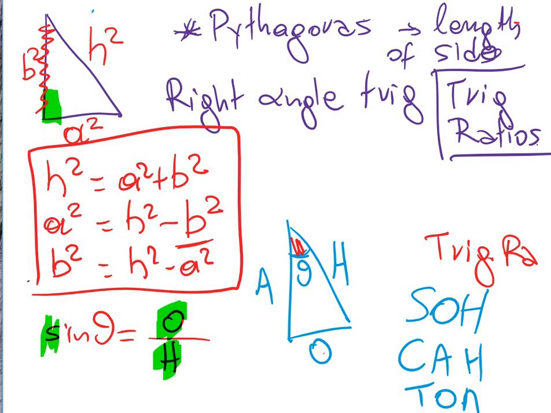CAH is the cosine of theta that can be found by dividing the adjacent over the hypotenuse. That's the CAH.